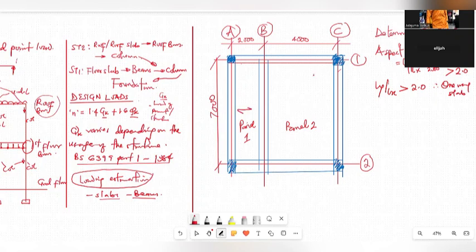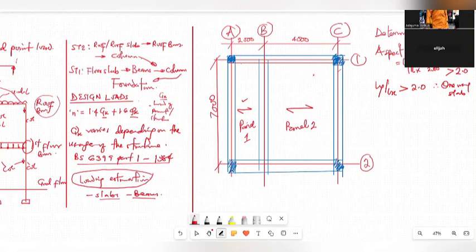Now let's assume that the result of this also gives a one-way slab. I said let's assume, so by the time you calculate it, it might not be so, but we are assuming it to be so. There's a reason why I'm assuming this: I want to show you how to estimate for the slab and then distribute for a one-way slab.